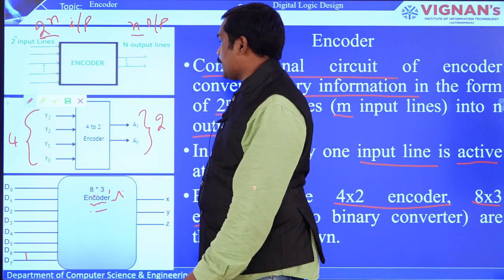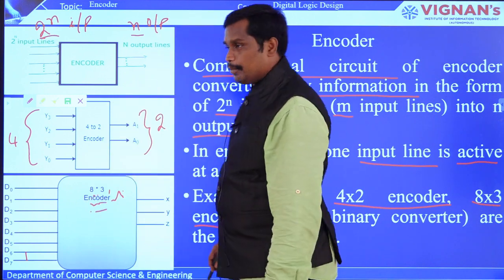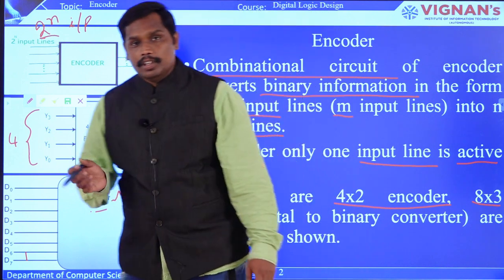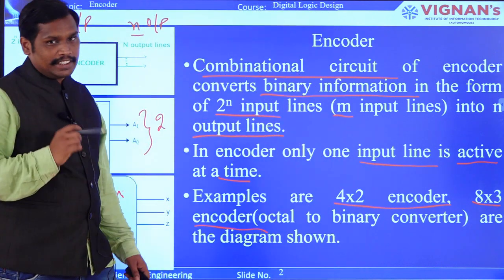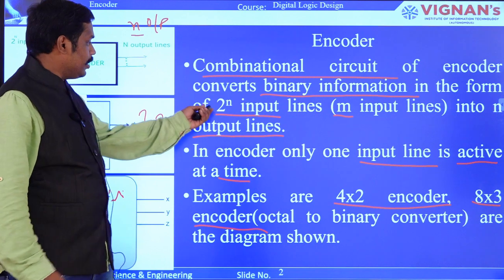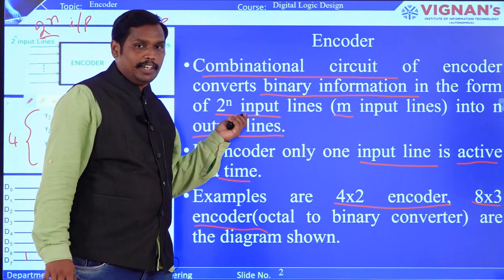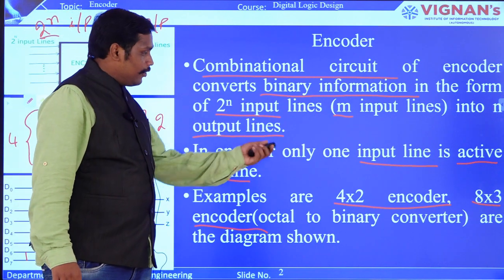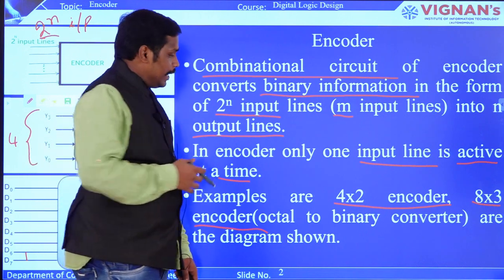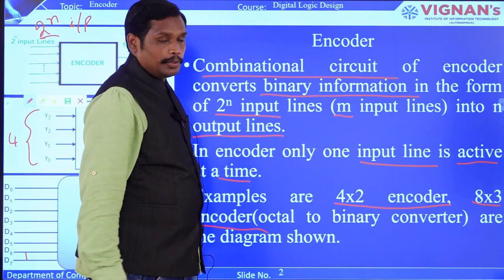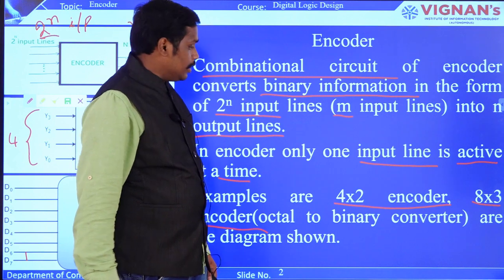Now we will see how this encoder is going to work. Again I am repeating it. Encoders, decoders, multiplexers and demultiplexers are part of combinational circuits, and in an encoder you will have 2 power n inputs and n outputs, and one input is active at a time. The examples are 4x2 and 8x3 encoders.